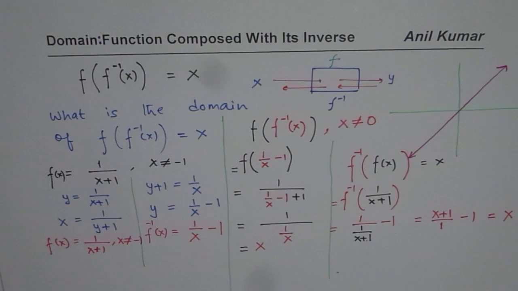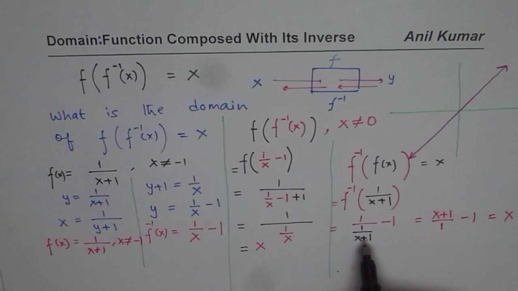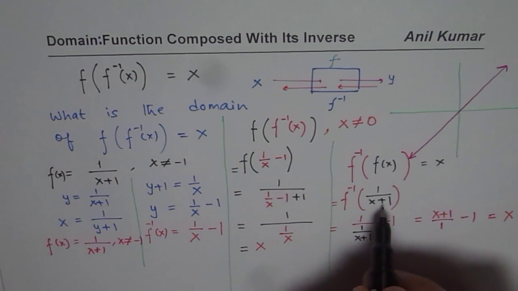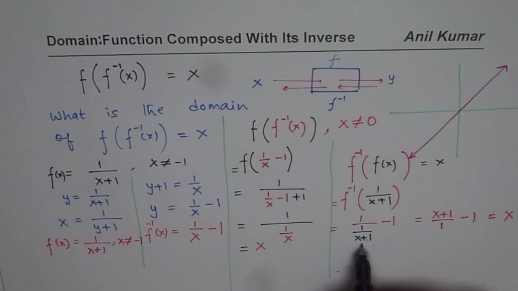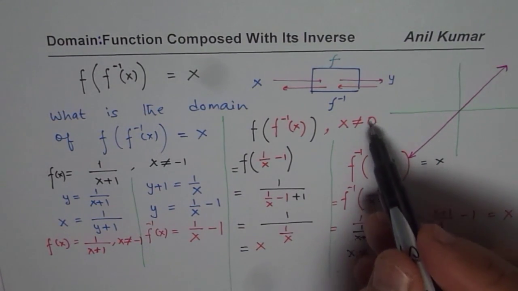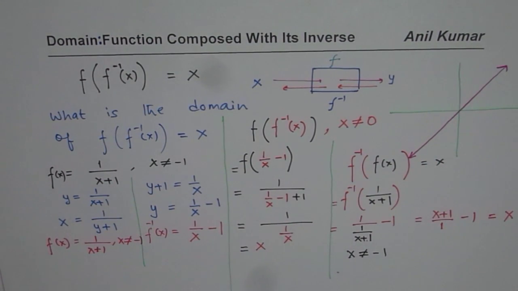So one thing is very critical about finding composite functions with their own inverse. You get the same result x, right? Either way you work, right? Now here, what is the restriction? Clearly, once you substitute this here, we have a restriction, that is x is not equal to minus 1. And therefore, we have two restrictions whenever the functions and their inverse are involved for making composite functions, right?